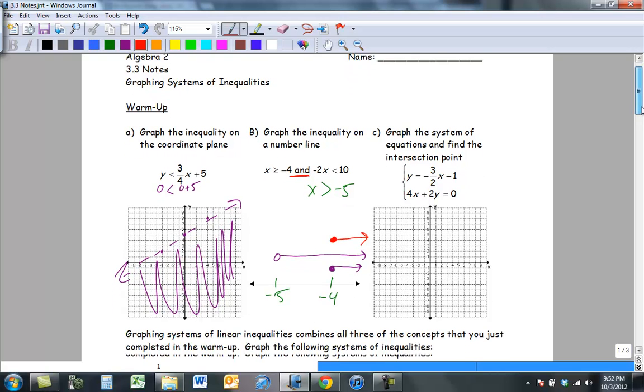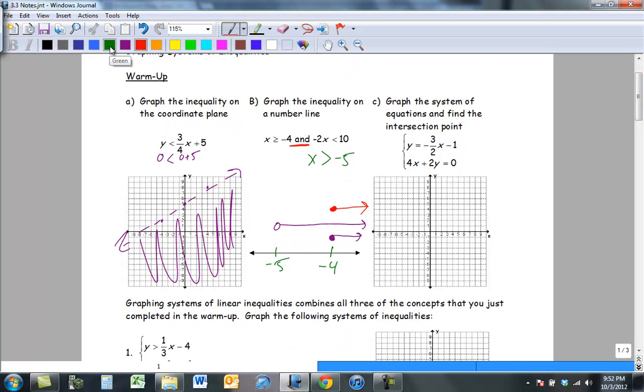And then we got a regular system of equations. This first line, -1, slope of -3/2. Looking like that. Make a bunch of points, so when we find the intersection point, it's easy to find.